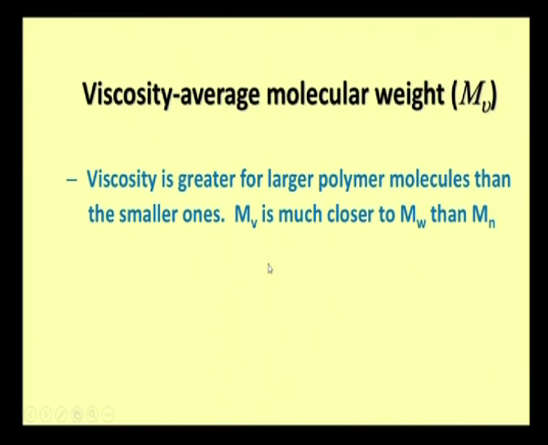The other type of molecular weight, which is otherwise called the viscosity average molecular weight, is based on the viscosity of the polymer solutions prepared from the polymer samples. Basically, viscosity is greater for larger polymer molecules than the smaller ones. Mv is much closer to Mw than Mn, and this type of molecular weight is determined by a method called viscometry.